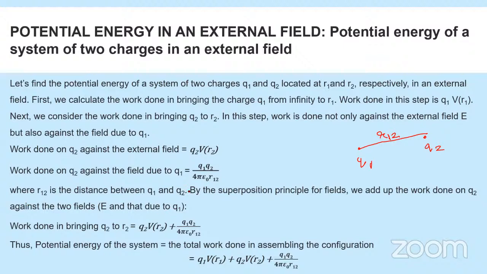So then again, by using the superposition principle for fields, we can add up the work done on Q2 against both the fields, the external electric field and the electric field due to the charge Q1. So the total work done in bringing Q2 to R2 can be given as the sum of both of the works: Q2 V at R2 plus Q1 Q2 upon 4 pi epsilon 0 R12.